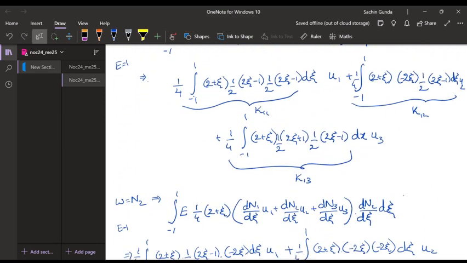First, we will find out the individual K terms and see what they will be.